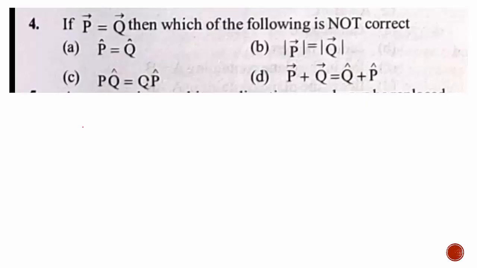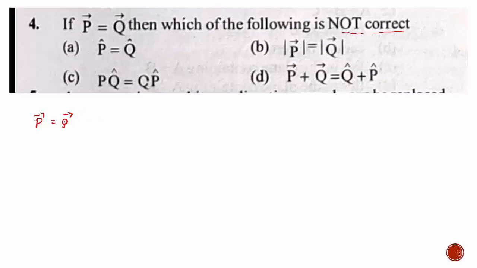Then the fourth one: if vector P is equal to vector Q, then which of the following is not correct? Vector P equal to vector Q. What does it mean? The magnitude of both vectors should be equal as well as the direction should be equal.